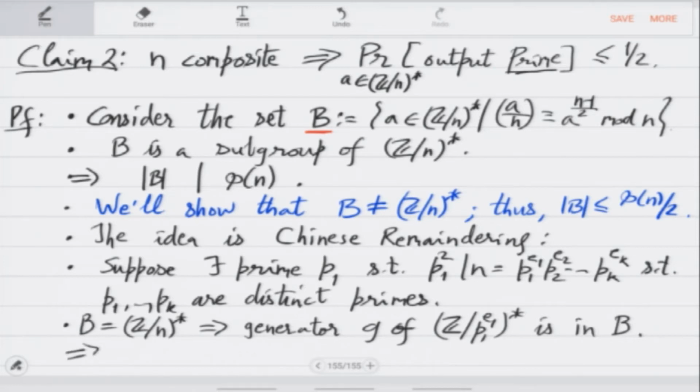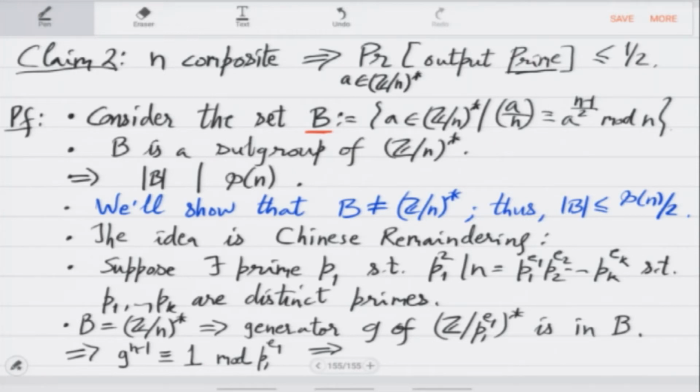Which will mean that G raised to n minus 1 is 1 mod P1^E1. In fact, we knew something stronger than this.